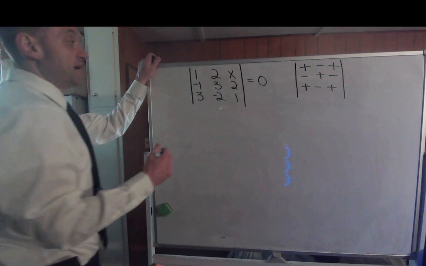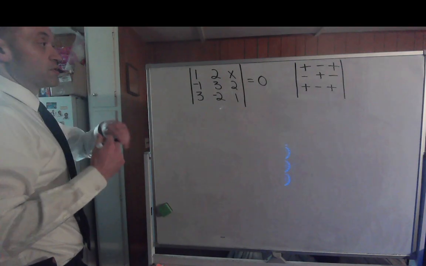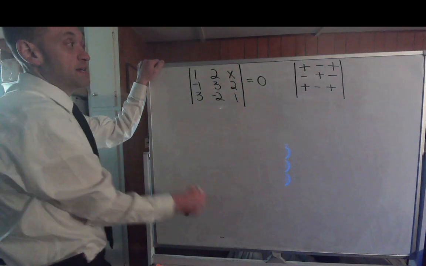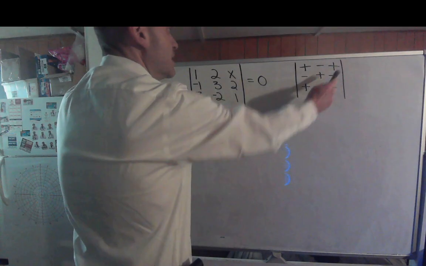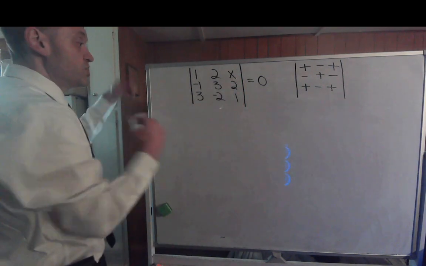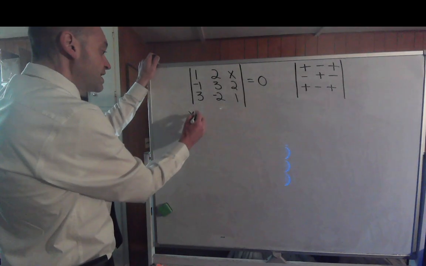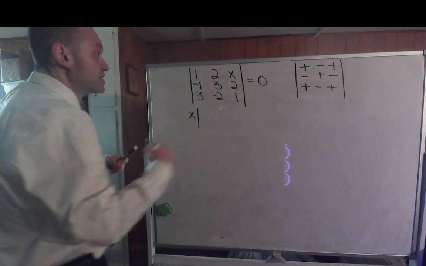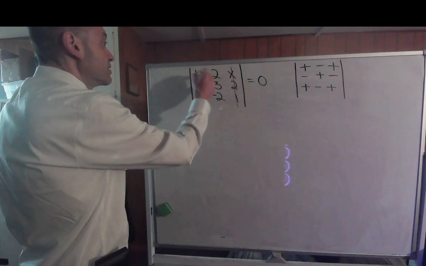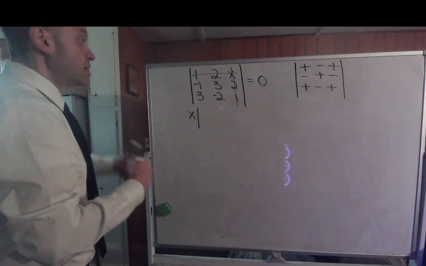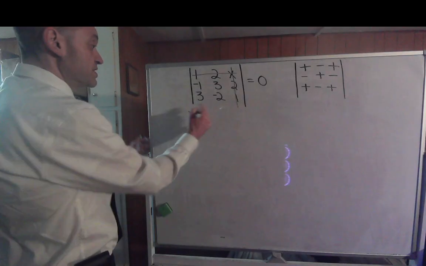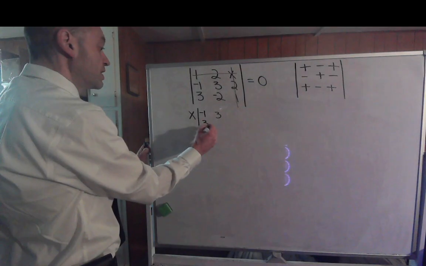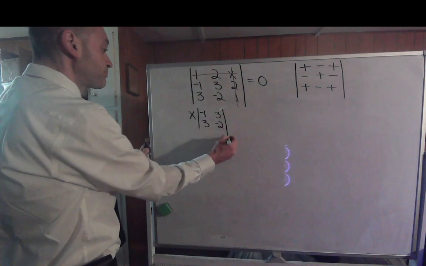Our first member of that is x, and according to our coefficient determinant, it's positive. So we'll have x times the resulting 2x2 determinant of what's left when we strike out the column and the row. So x times the determinant of -1, 3, 3, -2.